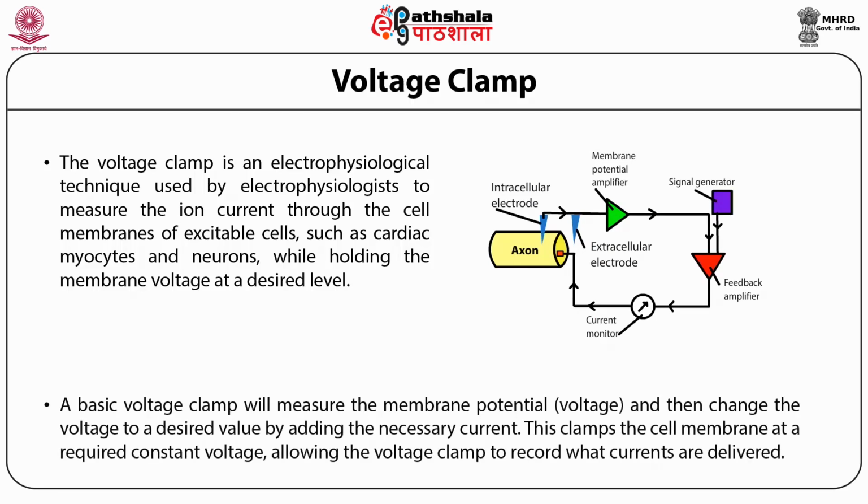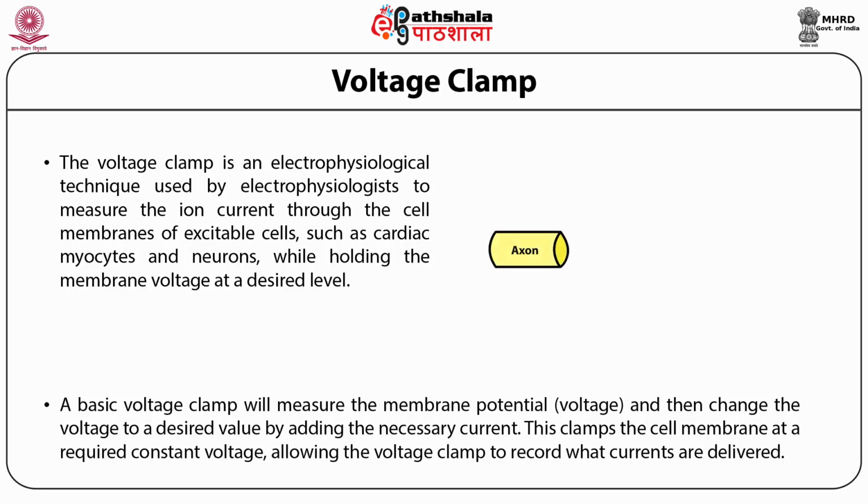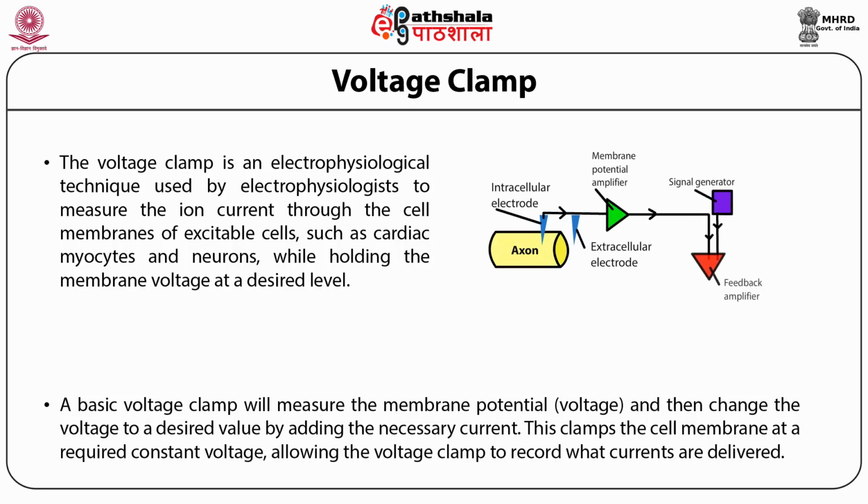A basic voltage clamp will measure the membrane potential or the voltage and then change the voltage to a desired value by adding the necessary current.